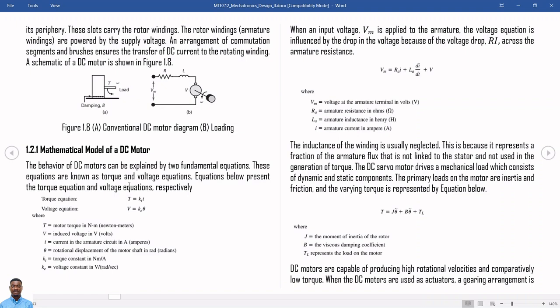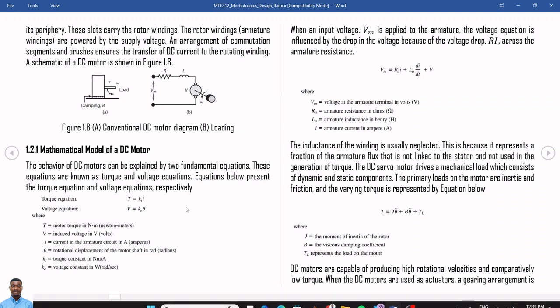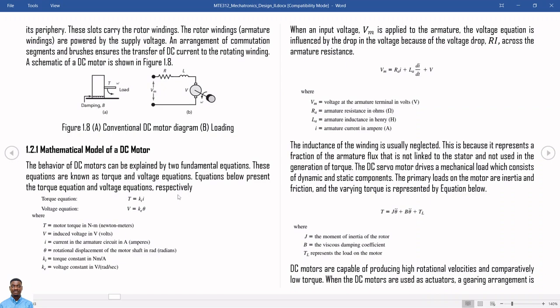So the mathematical model of your DC motor, there are two mathematical models that explain the fundamental behavior of a DC motor. That's your torque equation and the voltage equation. For your torque equation, you have T equals KT I, and your voltage equation, you have V equals KE theta dot.